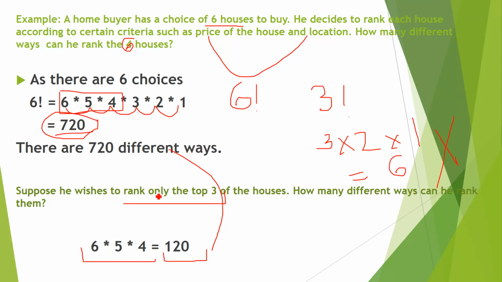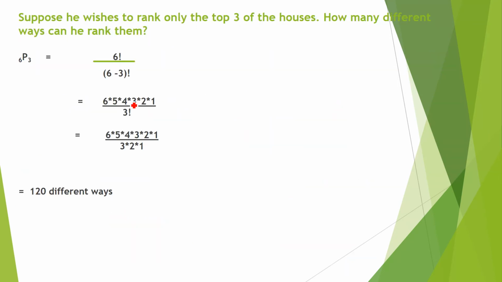Now we will discuss the B part with the help of the formula, that he wishes the top 3 houses, right? Here, top 3. So in the numerator is n factorial, and then n minus r, where r is the 3 houses, and factorial. So 6 factorial is 6, 5, 4, 3, 2, 1.